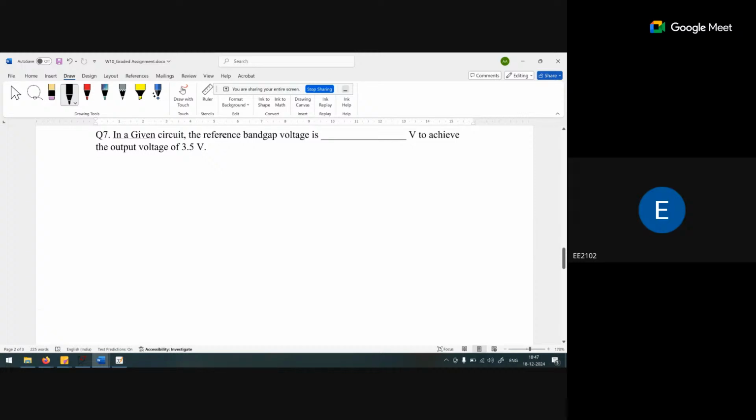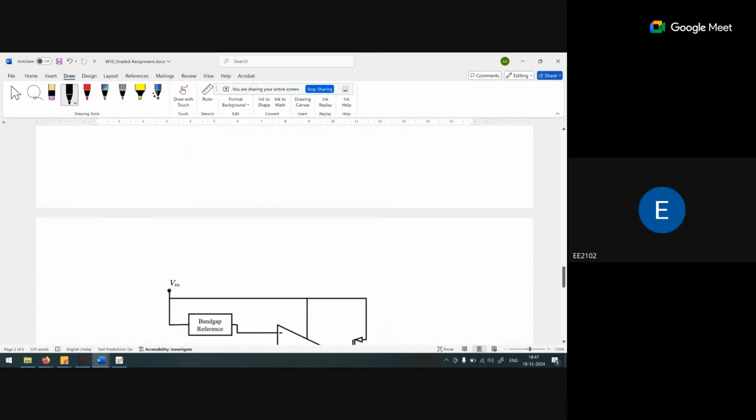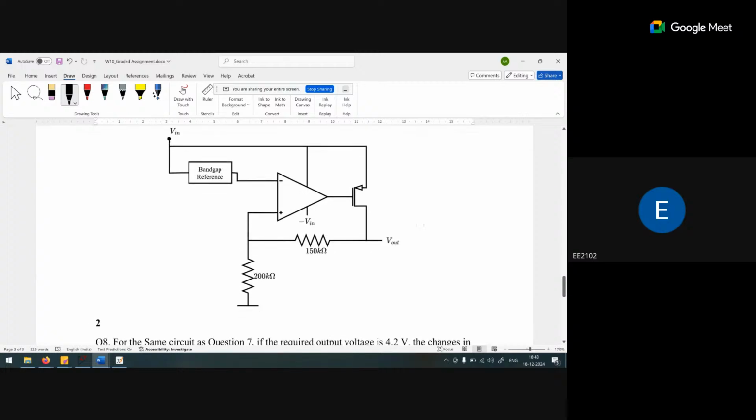Okay, question number 7. In a given circuit, the reference band gap voltage is V, to achieve the output voltage. We know the output voltage is 3.5 volt. What is the voltage at this point? We call that Vy.